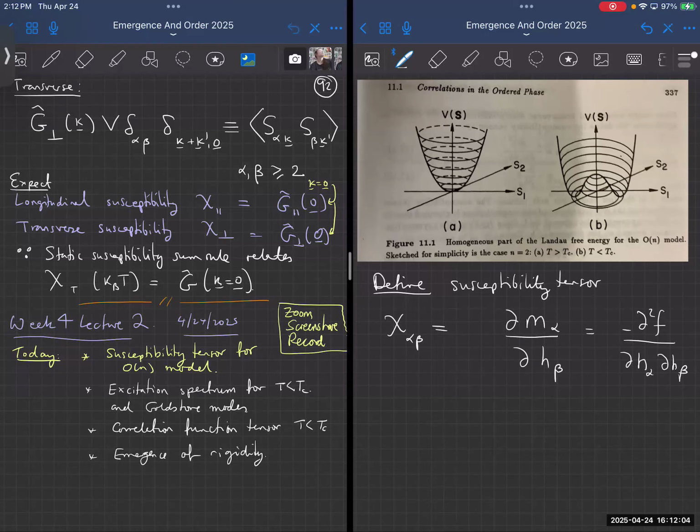That's because the magnetization is minus df by dh. And so when I look at how the magnetization changes with h, I get a second derivative. So the magnetization alpha is minus df by dh alpha, and f is the free energy per unit volume.